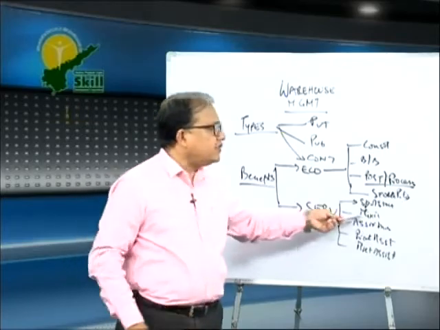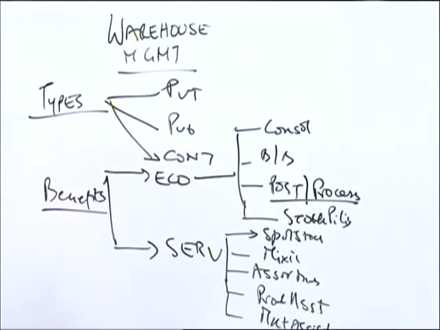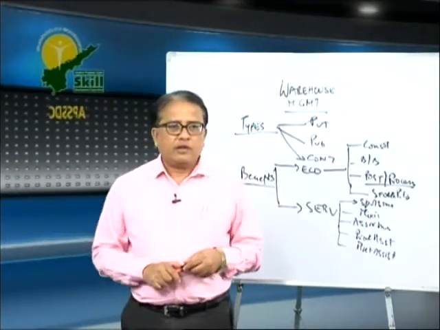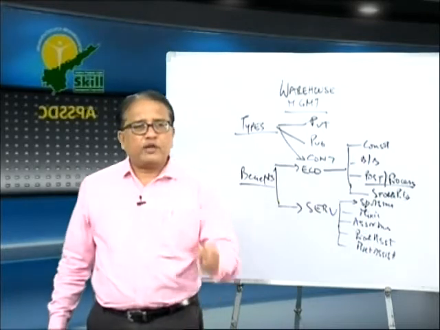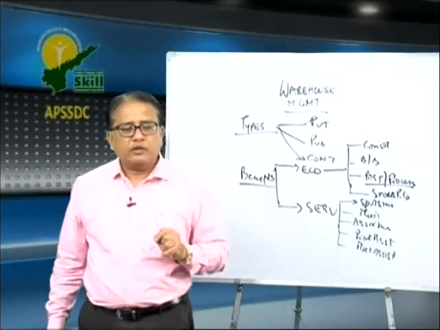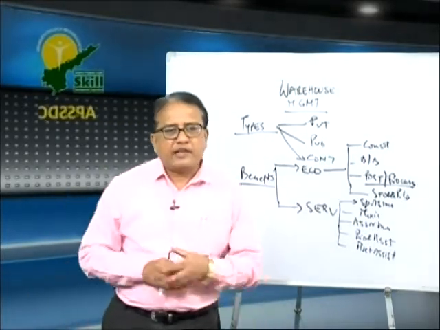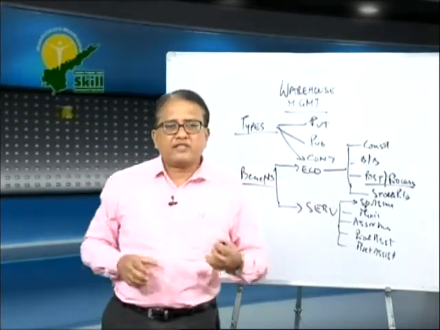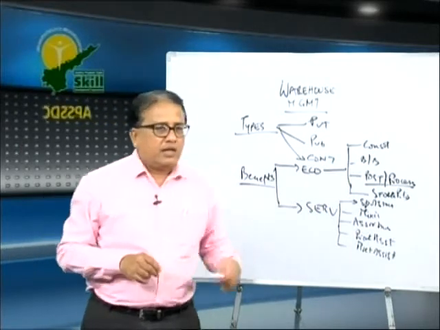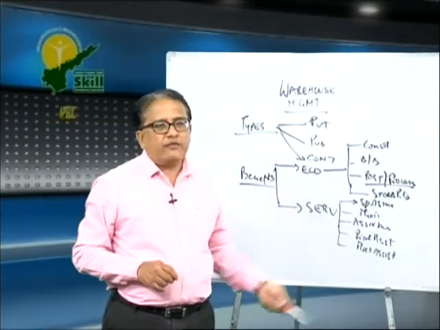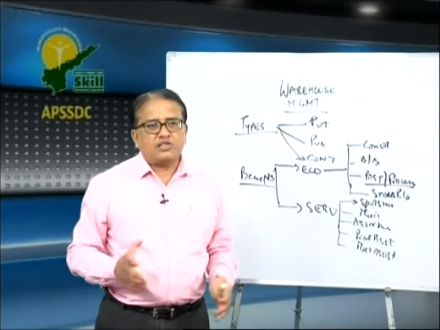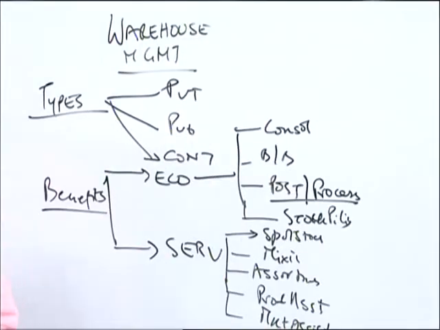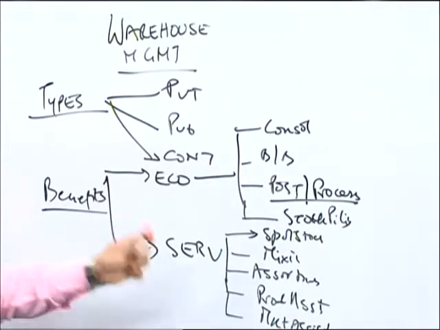So, the concept of mixing warehouses: all such shipments from different plants all over the country, as I said, this could be the components of one particular item. It can be a car, it can be a machine, it can be whatever. These components arrive as separate shipments, offloaded at the mixing warehouse, consolidated, made into a single shipment and delivered to the assembly plant or to the manufacturing plant.